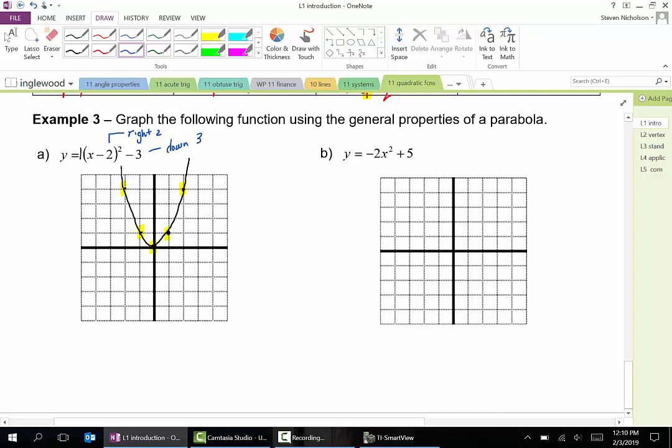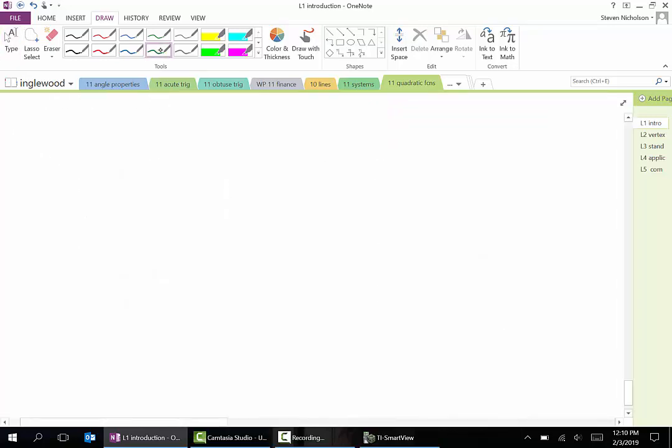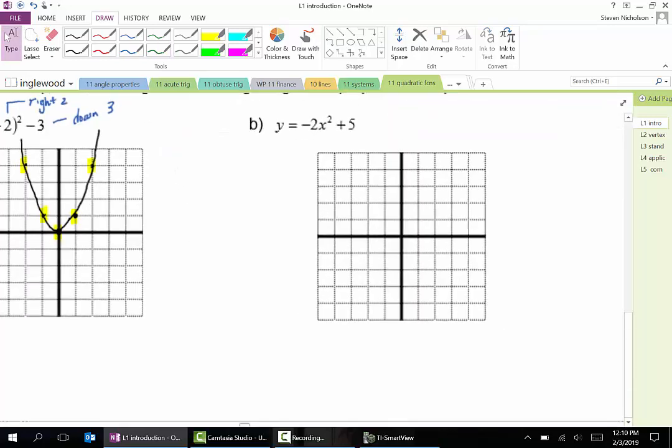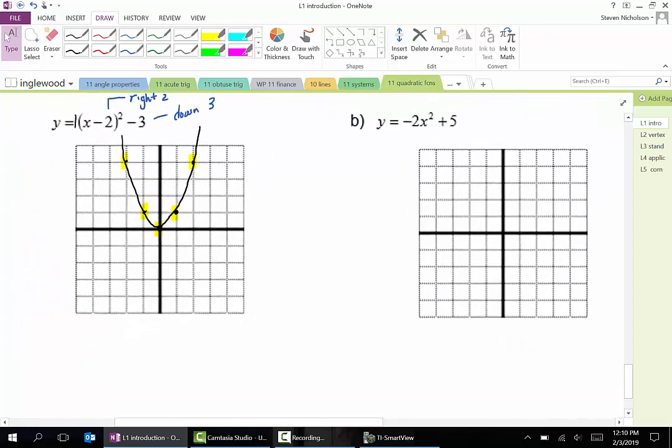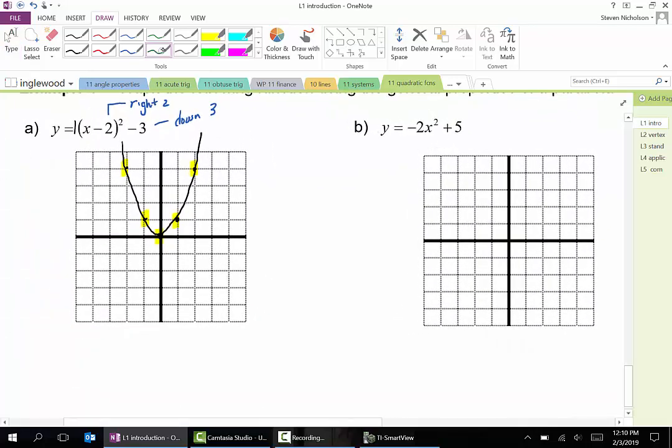So here's basically what we could do. We could look at our basic parabola and just use this transformation. The vertex is probably the most important point, so that's where I would start. I'm going to do this one in green.